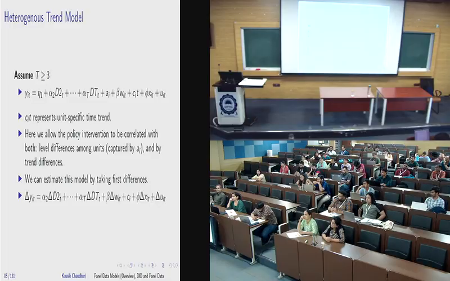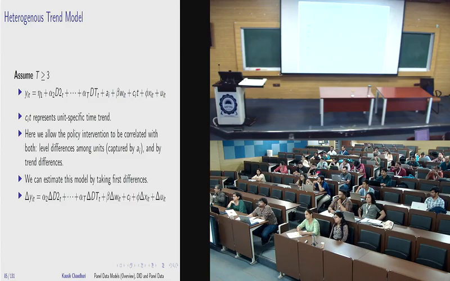So here the third point you have mentioned is that we allow policy intervention to be correlated with both, in the sense of the unobserved heterogeneity captured by AI and the group-specific trend, which is nothing but Ci times t. AI is the error term. AI is my individual unobserved heterogeneity that we had in the fixed effect model or any panel data model.